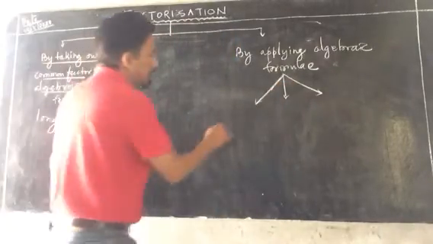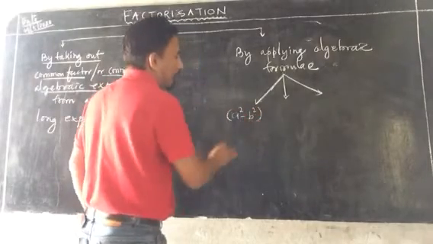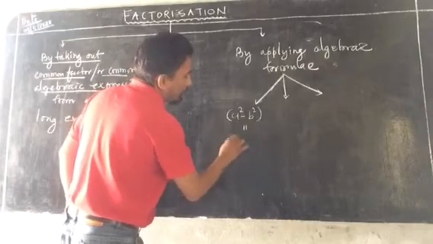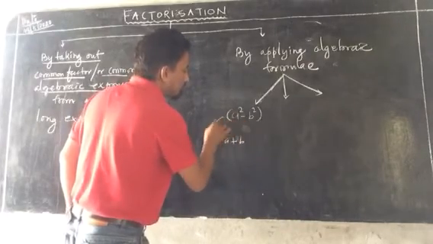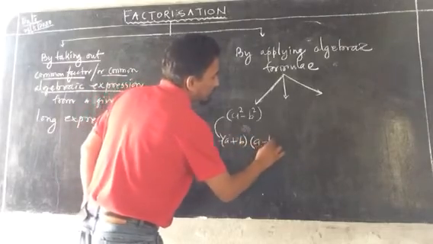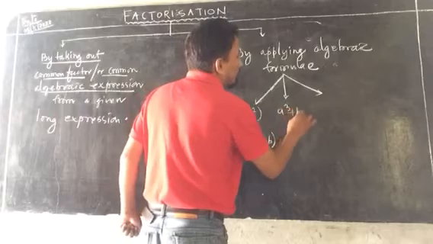Okay, especially a square minus b square. The formula of this is a plus b into a minus b. Another is a cube plus b cube.